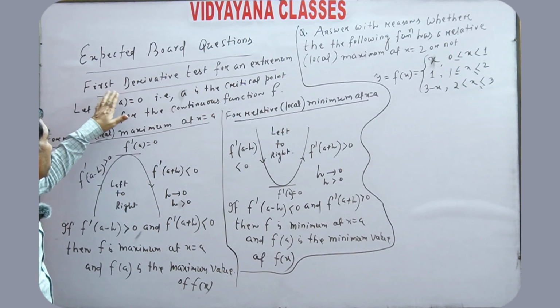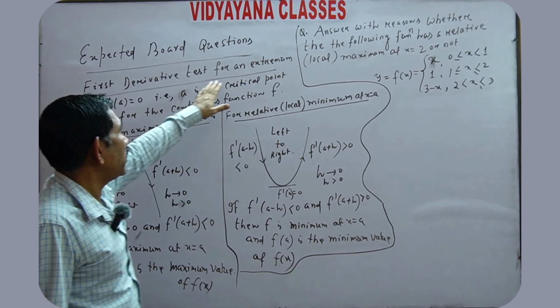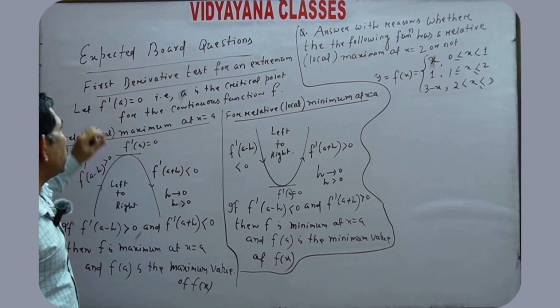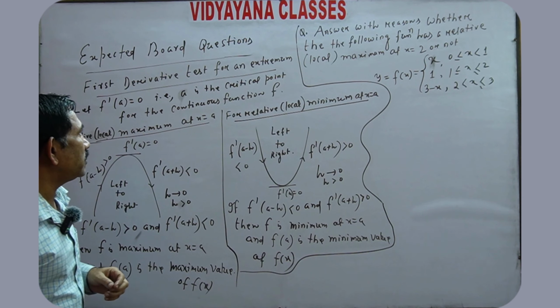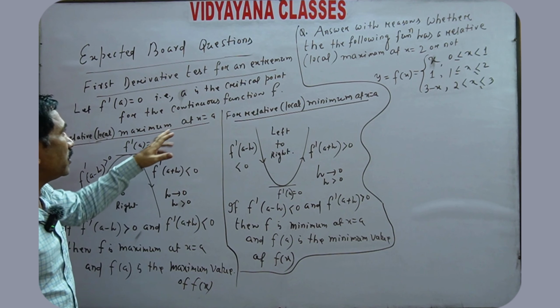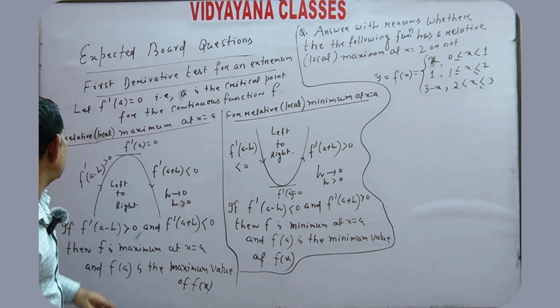Next, the first derivative test for an extremum. Let f'(a) = 0. That means a is the critical point for the continuous function f.